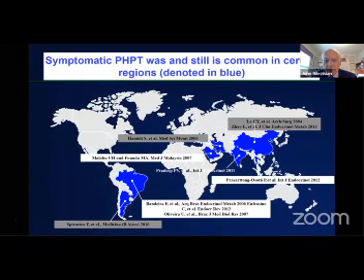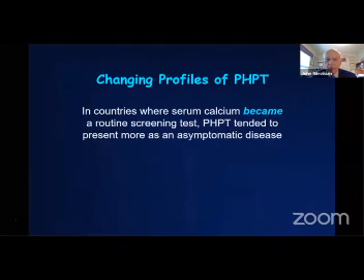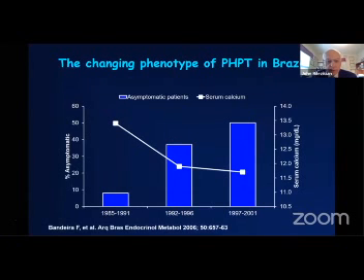And you can see on this map, India is prominently highlighted as one of the countries in which symptomatic disease seems to still be common. Also noteworthy is the point that in countries where serum calcium becomes a routine screening test, hyperparathyroidism tends to change to a more asymptomatic disorder.